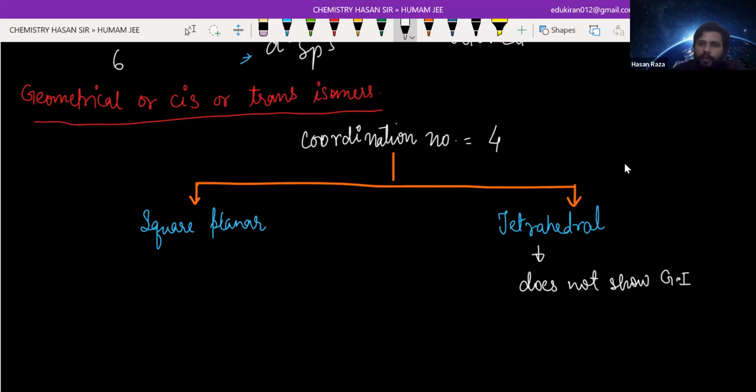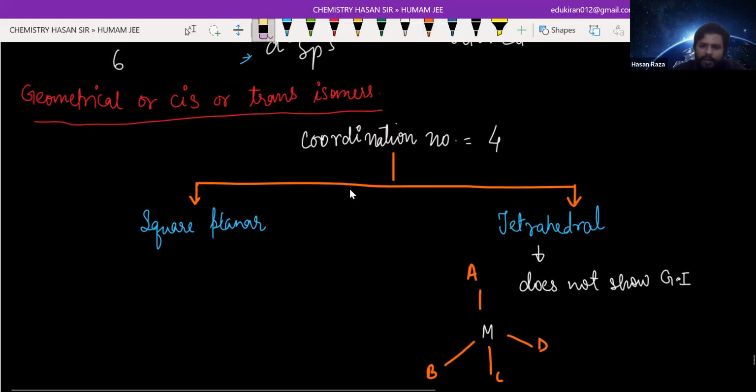You know why? Let's say there is a metal M with ligands A, B, C, D, or let's take A and B for geometrical and optical.